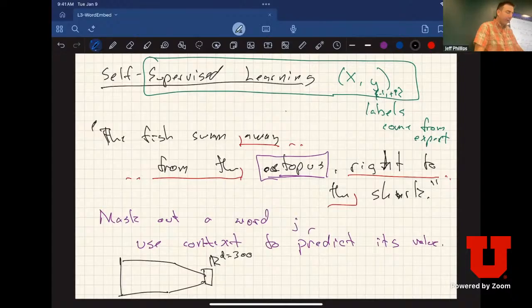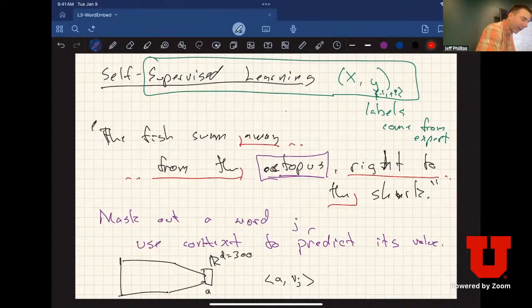And then it's going to look at the activations dot product with the word J that's supposed to be there. And if this is the largest value of all the words in the data set, then these are the most similar, and it's going to choose the word VJ, and it doesn't get a penalty. If it chooses the wrong word, it's going to try and move this representation based on the context, right?